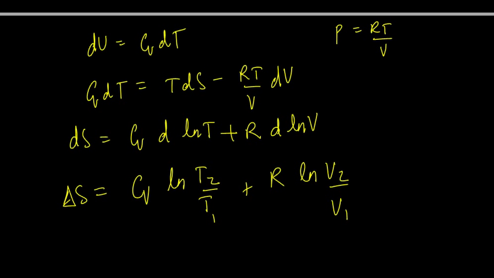If I want any spontaneous process that should take my temperature to a lower temperature T1, then this delta S should be greater than 0, right?